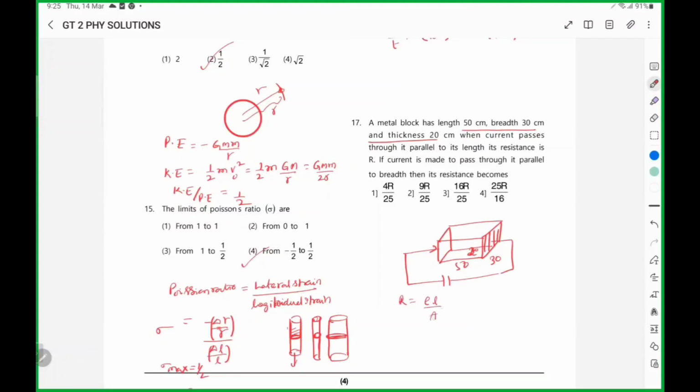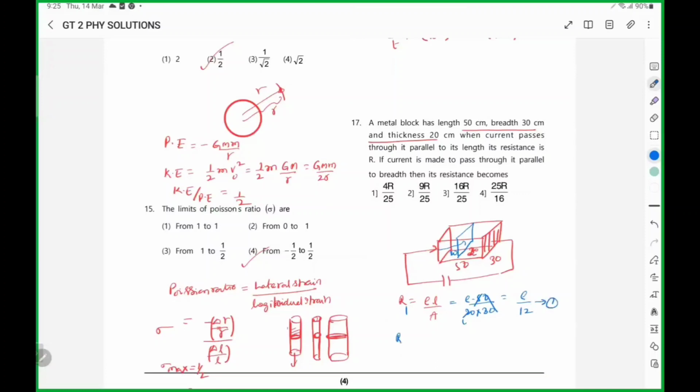Rho L by A. Your cross-sectional area will be this when current passes. Rho, L here is 50. Area is the dimensions 20, 30. So R is rho by 12.